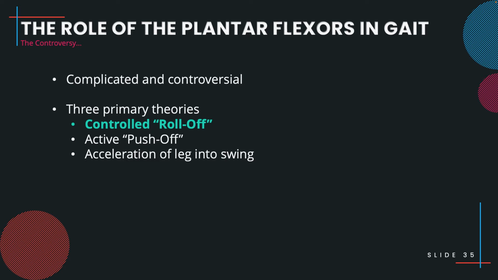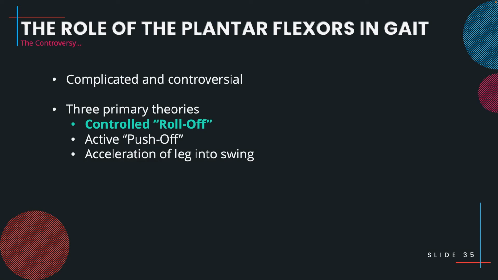So if you look at EMG activities in your Rancho's Los Amigos book, the theory that makes the most sense is a controlled roll-off. So what we see is plantar flexor torque start to build up as the tibia moves through mid-stance into terminal stance. And the plantar flexors are eccentrically allowing that tibia to continue to move forward, but they're storing up a lot of force as they do.